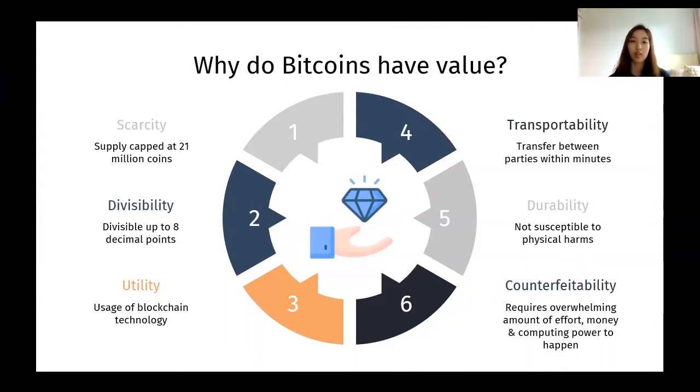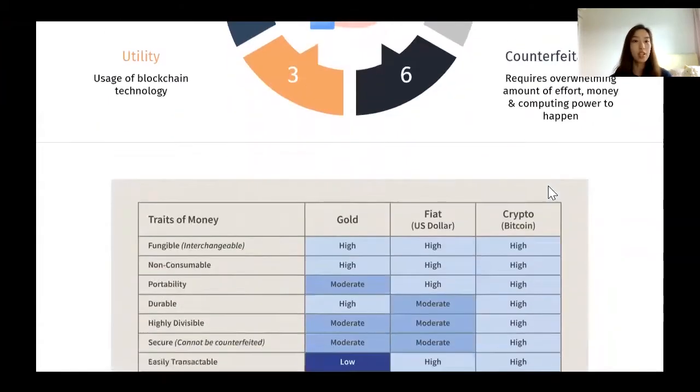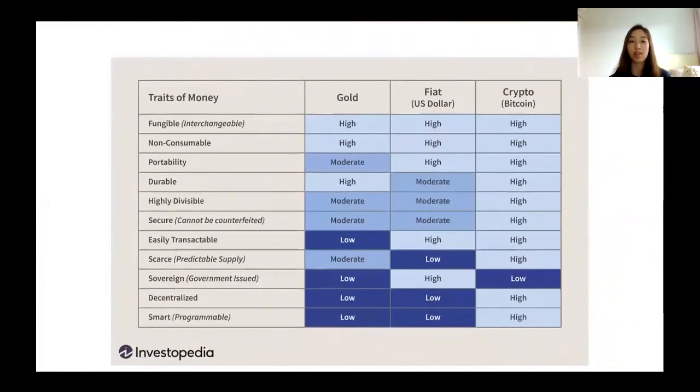Such an attack on Bitcoin requires an overwhelming amount of effort, money, and computing power, thereby rendering the possibility extremely unlikely. So here's a simple comparison of Bitcoin against fiat currencies regarding these 6 attributes, so you can have a look.